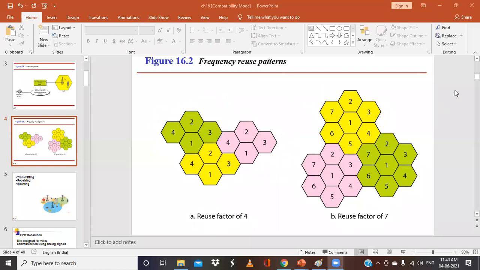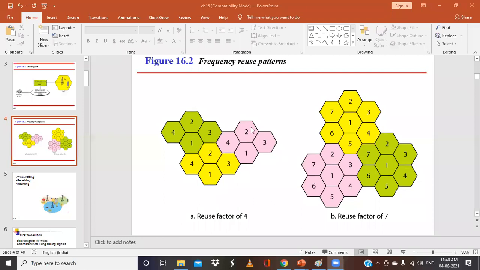Basically, in cellular telephony, the cell sizes are not fixed. It depends on the population. In villages the number of base stations will be less, but in cities the number of base stations will be more. The cell sizes are not fixed and can be increased or decreased depending on the population.